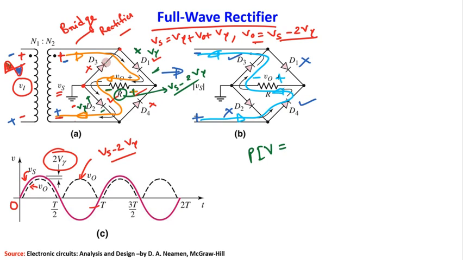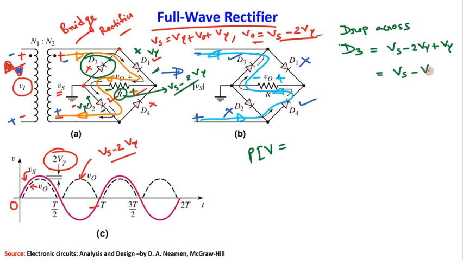So this diode, which is now reverse biased, if I have to find the drop across this D3, then the drop across D3 is basically Vs minus 2 V gamma plus V gamma. So basically this is Vs minus V gamma, right?